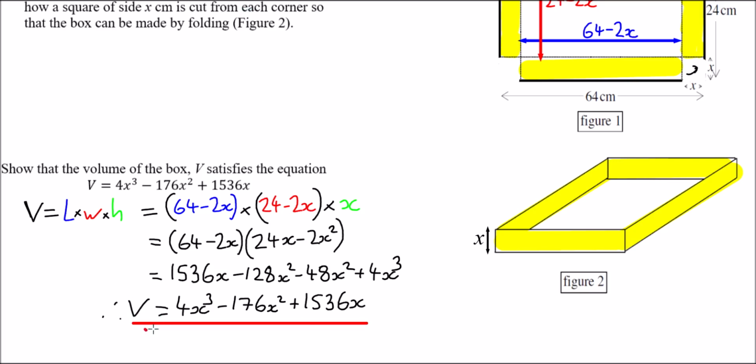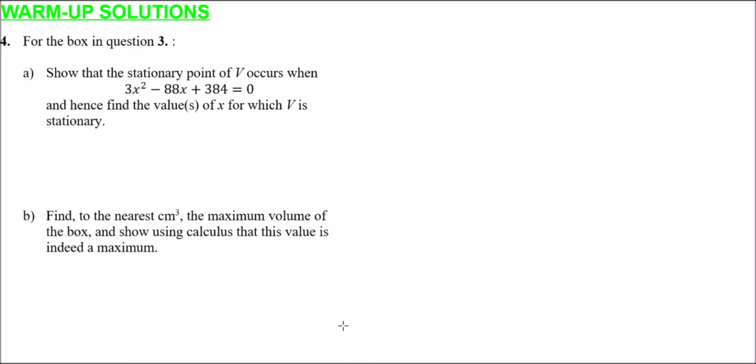We're now going to use this to answer warm-up question 4. For the box in question 3, show that the stationary point of V occurs when 3x squared minus 88x plus 384 equals 0, and hence find the values of x for which V is stationary.